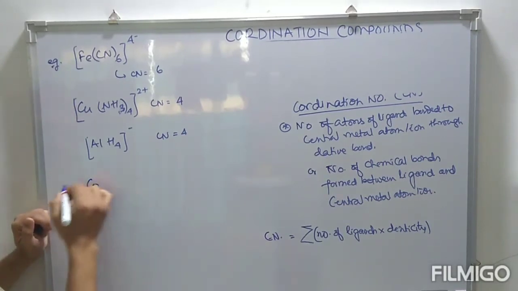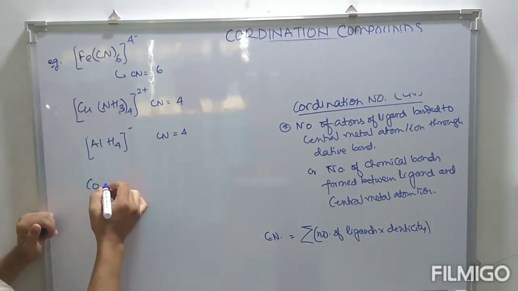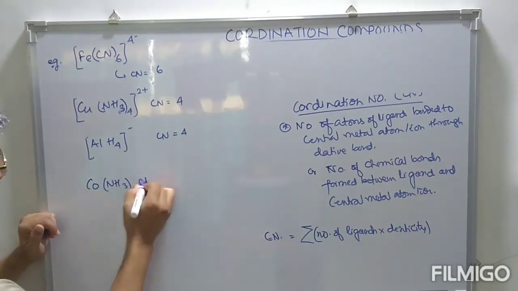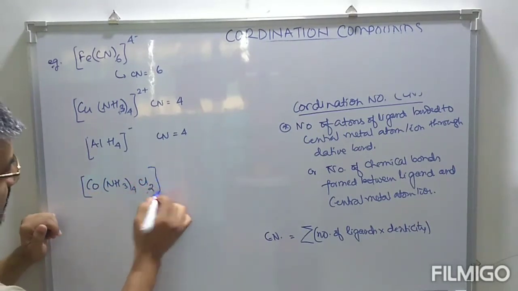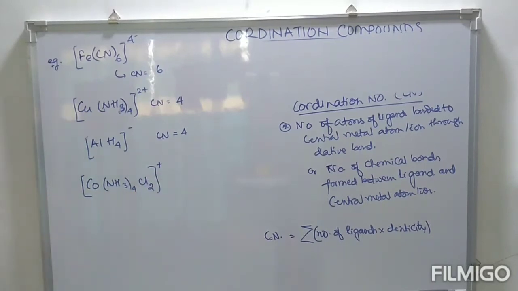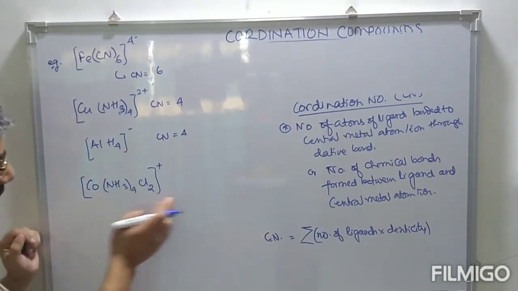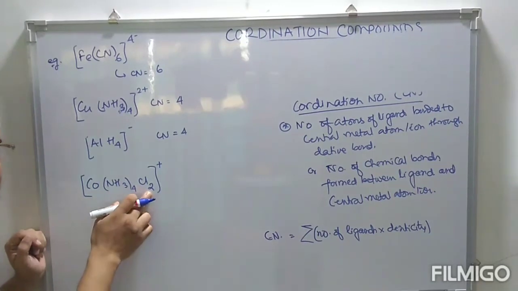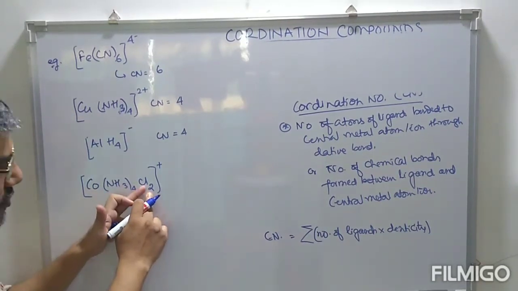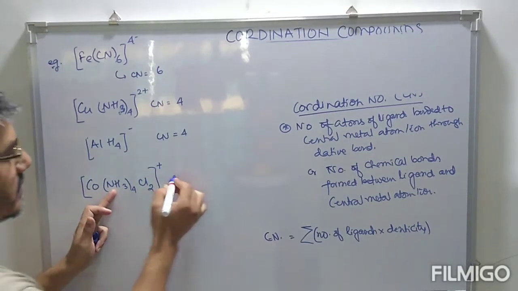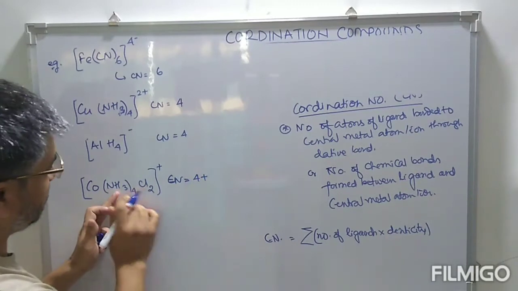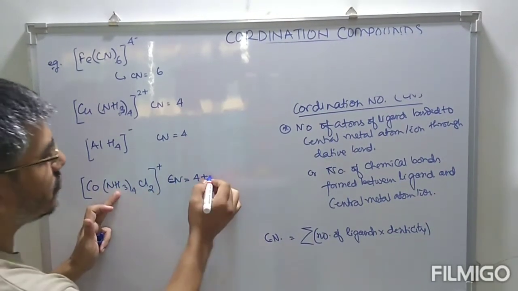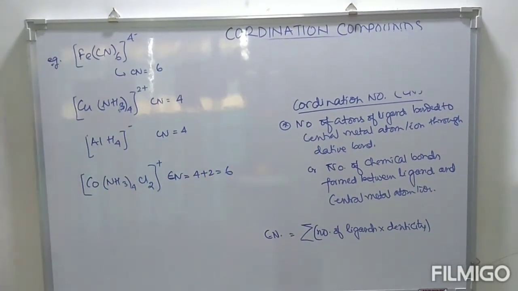Take this complex species. We have two different types of ligand, ammonia and Cl. Cl is monodentate, ammonia is also monodentate. So we have coordination number 4 plus 4 into 1 plus 2 into 1. So this is coordination number 6.